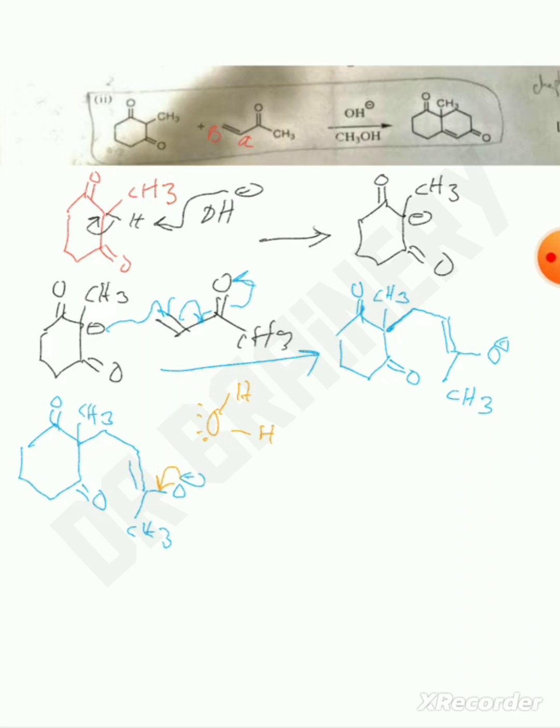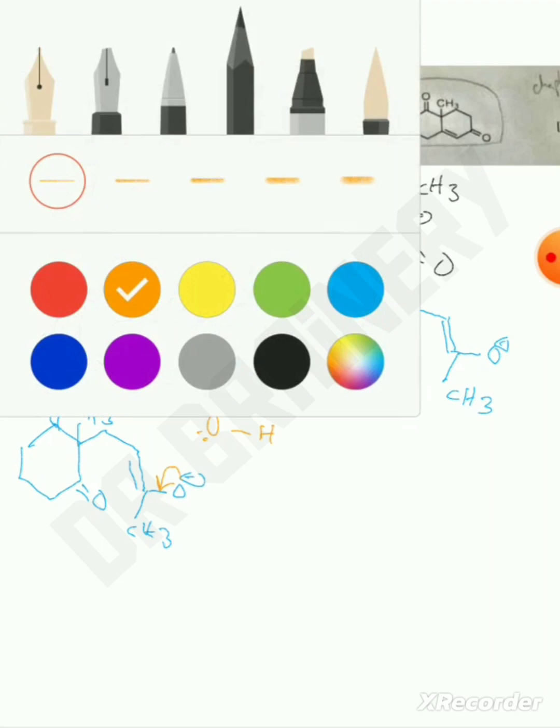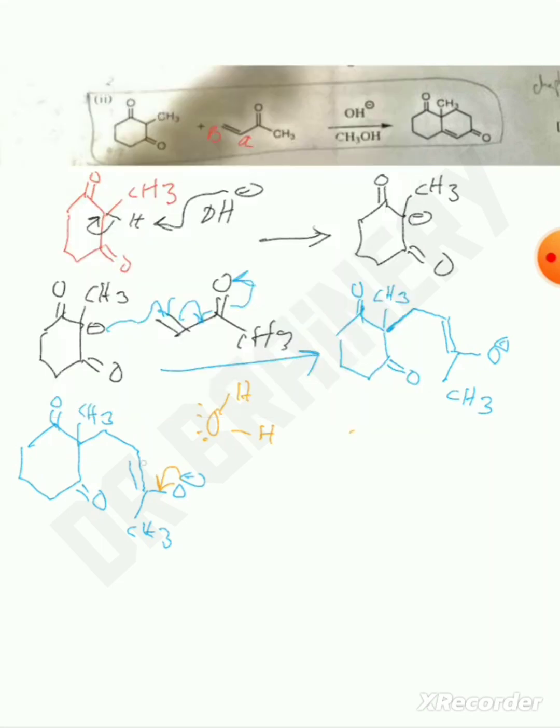Okay, so now this will go and get a hydrogen added there so that it can be stable. So this hydrogen will be gotten. It will go like that. It will be an OH now. So this bond will come and get this hydrogen and add it to that so that this bond can go.